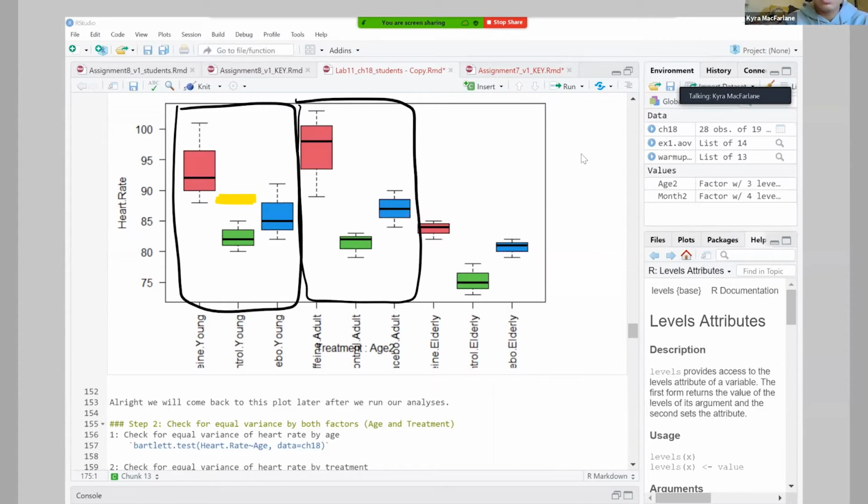The average is also around here-ish, ignoring caffeine treatment, just looking at the age group. And then elderly, the average is maybe down here. So we haven't even done our Tukey test yet, but we can predict that young and adult heart rates are about the same regardless of caffeine treatment. Elderly probably has a significantly lower heart rate regardless of caffeine treatment.